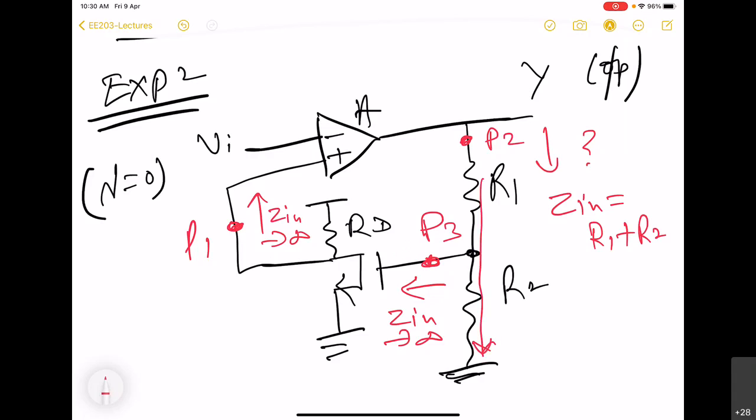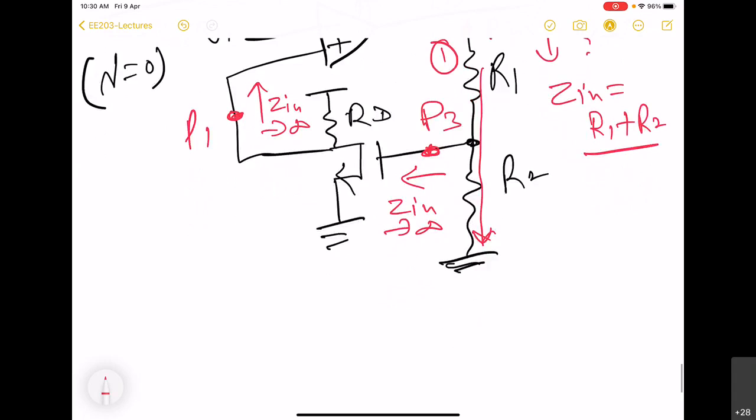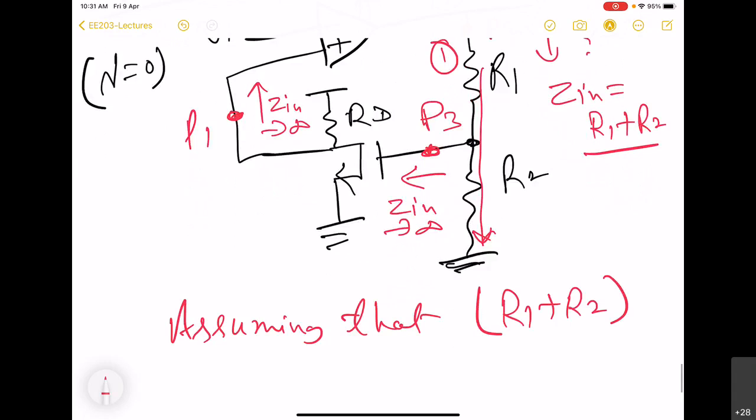Right. So here it will appear that once we break the loop at P2, we'll have to terminate the second node with resistor R1 plus R2. That is one way of doing it. The second is assuming that R1 plus R2 is very, very large, so that this input impedance also effectively becomes very large or infinite.